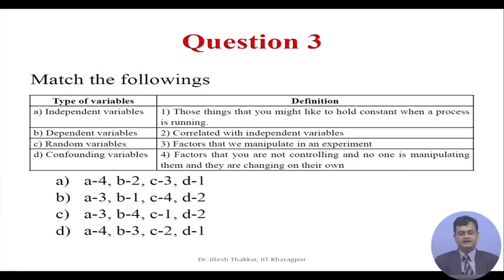Correlated with independent variables. 3. Factors that we manipulate in an experiment, and 4. Factors that you are not controlling and no one is manipulating them and they are changing on their own. You can see 4 different options where the left side is matched with the right-hand side.